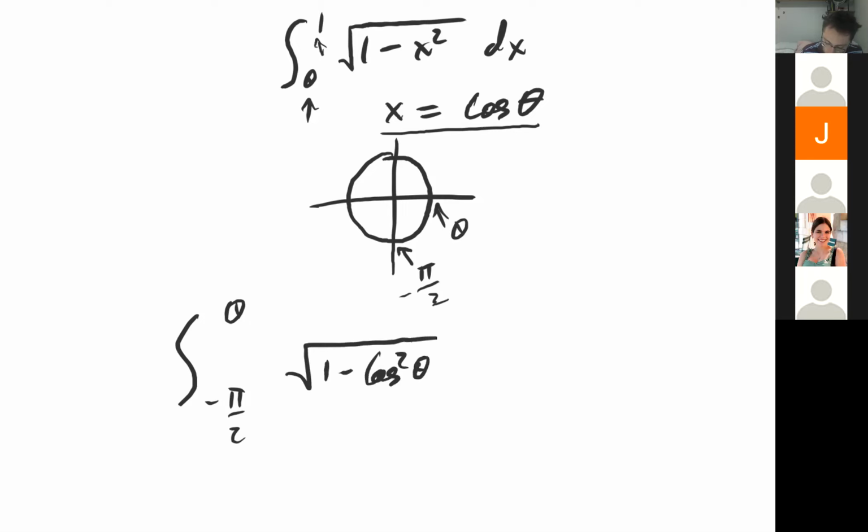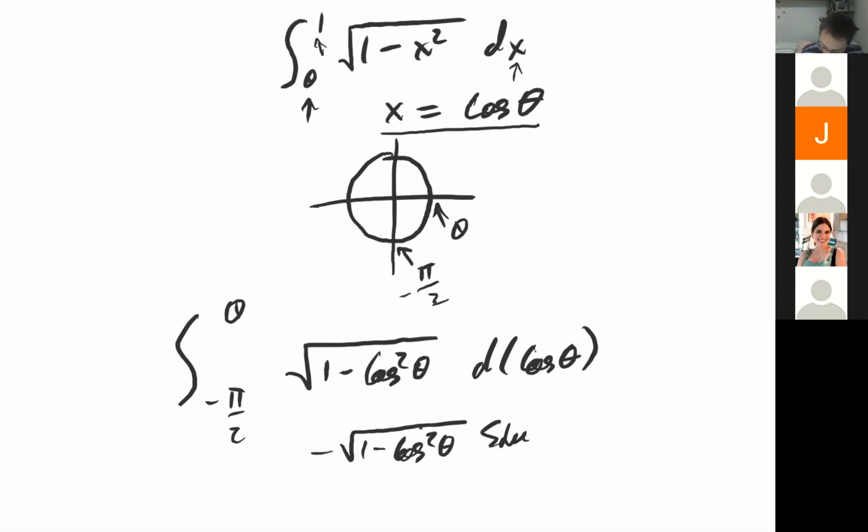And then for dx, we're not just going to put in a d theta for x. We have to do d of cosine theta. So this is going to give you 1 minus cosine squared theta, and then d cosine theta is minus sine theta. Again, we're going from minus pi over 2 to 0. And why did we want to do this in the first place? Well, because 1 minus cosine squared theta can be rewritten as sine squared theta.